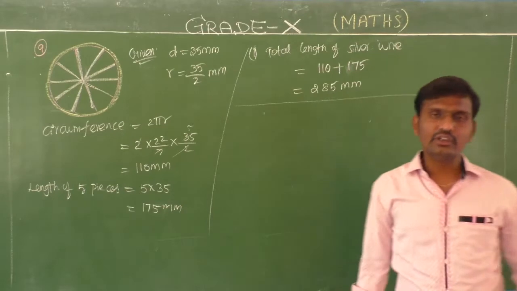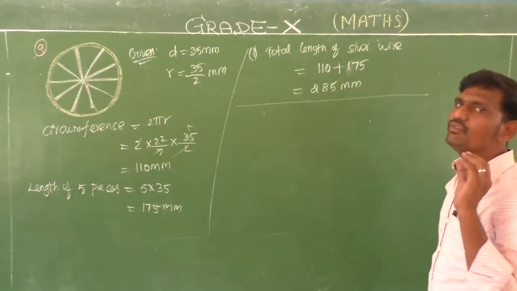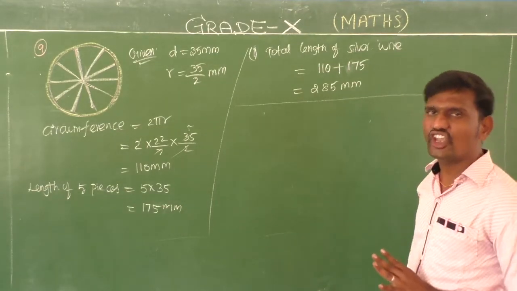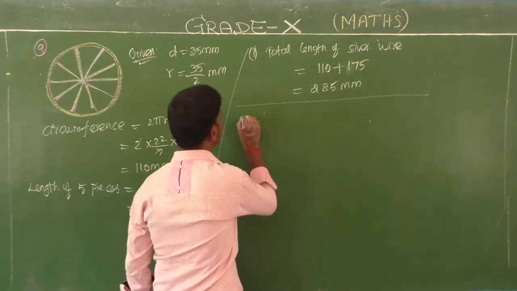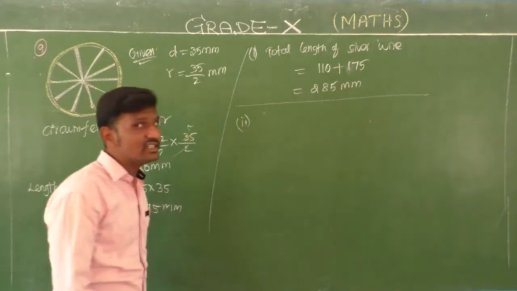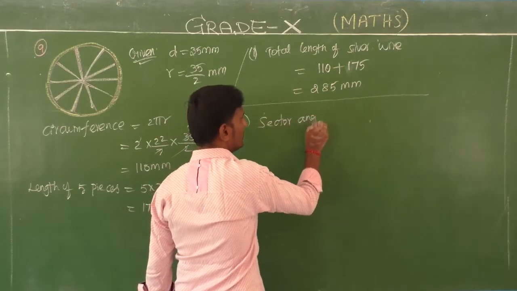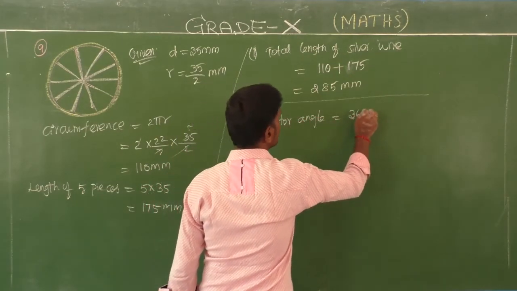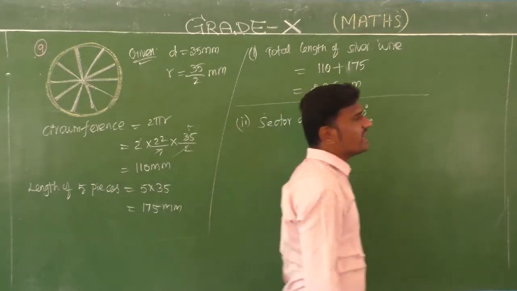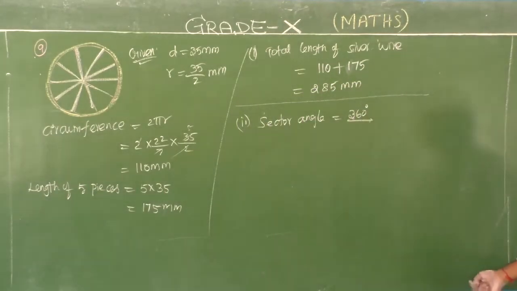Okay, student. So now I am going to find the central angle, the sector angle. First you have a total of 360. So sector angle is equal to 360, which is the complete angle, divided by 10. Why?